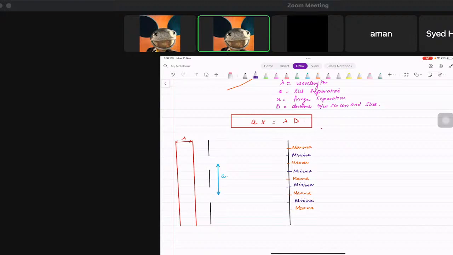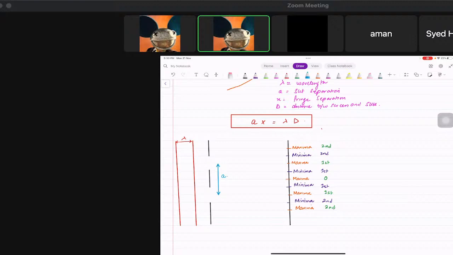Of course the first one is the zeroth, and then like I told you, it's the first, and then second, similarly first on either side and second on either side, and the same goes for the minimas. So first minima and then second minima, on this side first minima and then second minima.